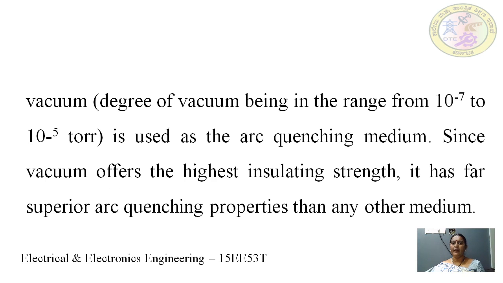Here, vacuum under the pressure of 10 to the power of minus 7 to 10 to the power of minus 5 torr is used as an arc quenching medium, since vacuum offers the highest insulating strength.